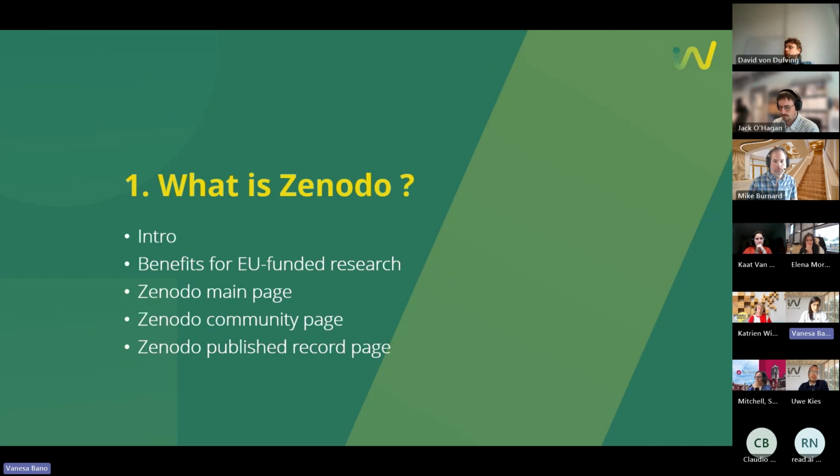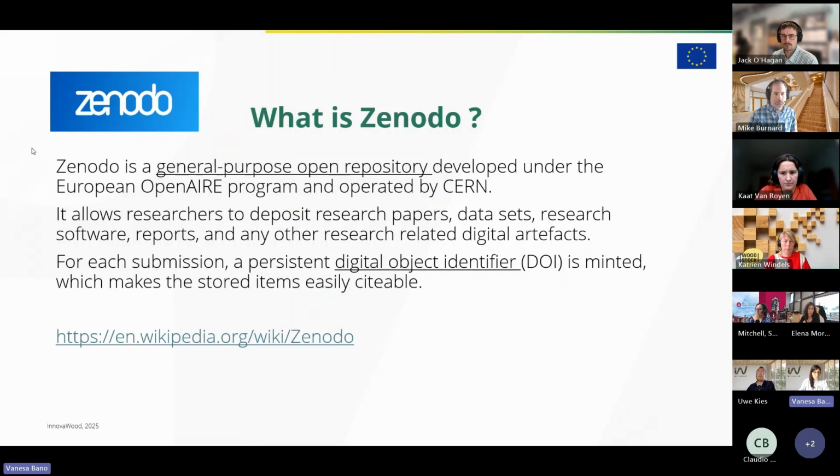First, what is Zenodo? We will present now an intro, the benefits for the EU-funded research, how the Zenodo main page looks like, and also the same for the community page, and finally how to publish the results. Okay, what is Zenodo?